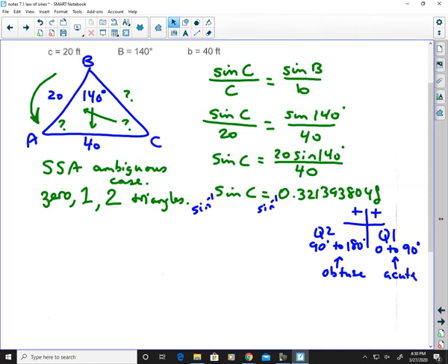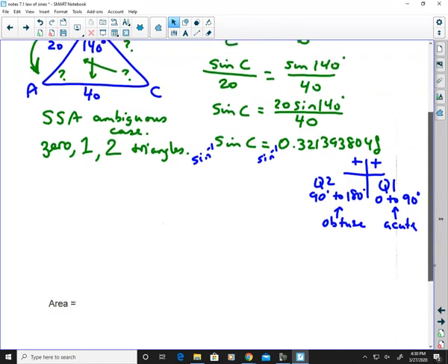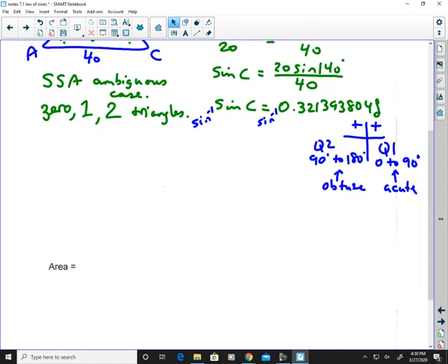So this triangle has an obtuse angle at B, so clearly it can't have 2 obtuse angles. So the second quadrant answer, I'm expecting it not to work. However, we're going to give it a try and see if it'll work. So triangle 1, that's looking at quadrant 1.